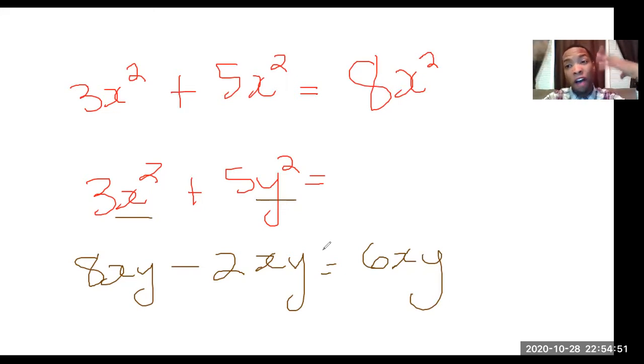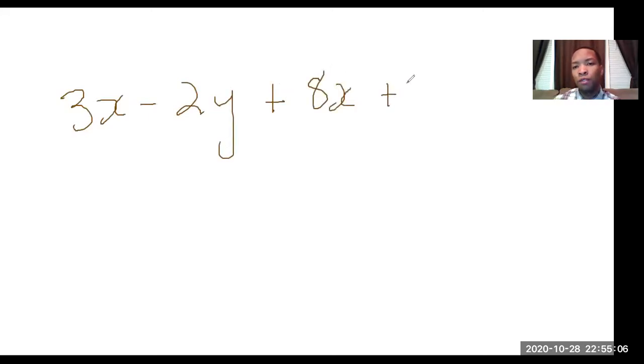In this case, instead of apples, I'm using xy. All right, so let's go into a little bit more. If I did 3x minus 2y plus 8x plus 4y, and I'm supposed to solve that, this is where we come into combining like terms.